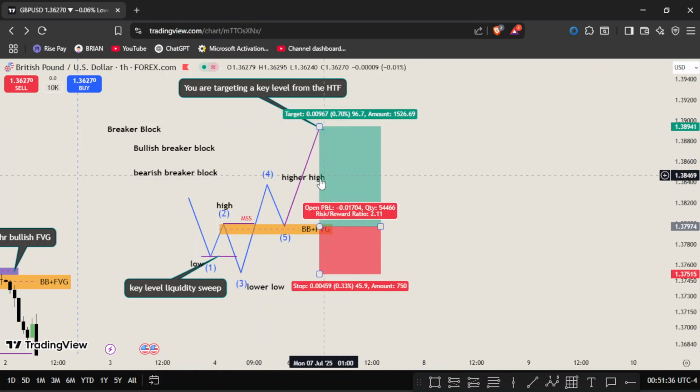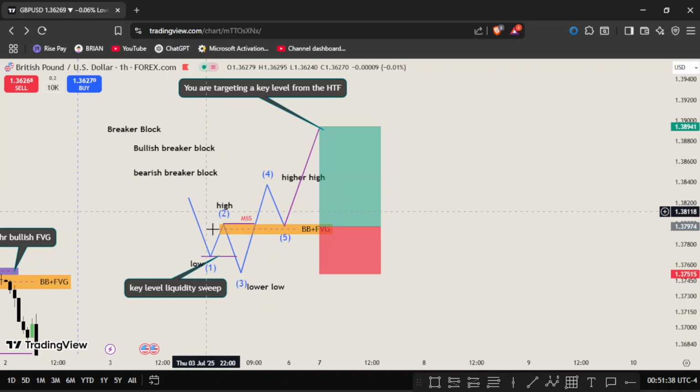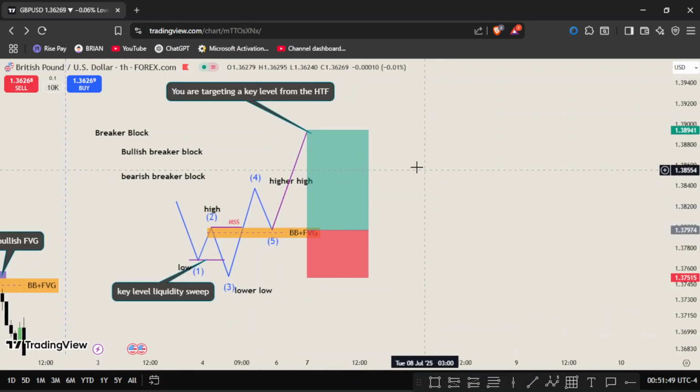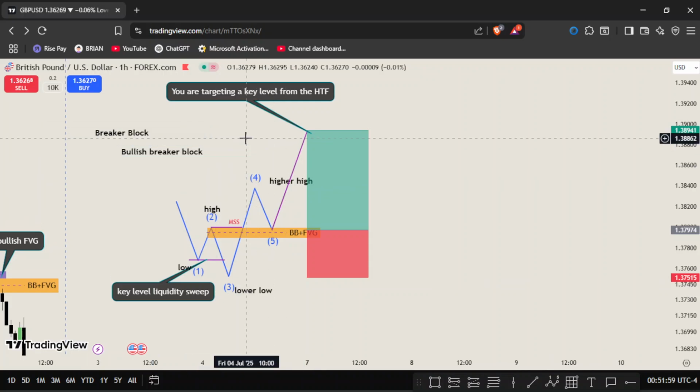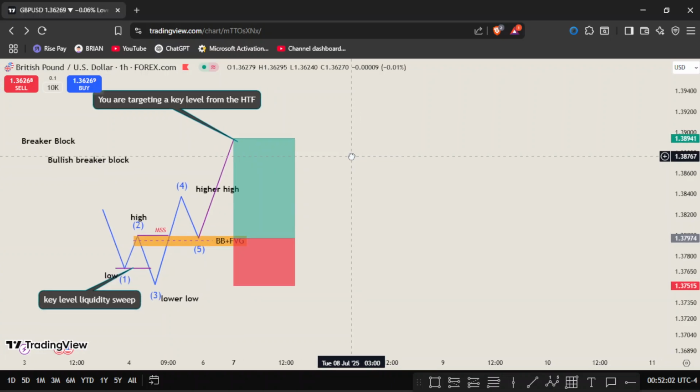That's right, because we made a low, a high, a lower low, a high, a tap into the breaker block, then a run on the bull runs. So that is what I would call a bullish breaker. Let me even delete this. So that was a bullish breaker.